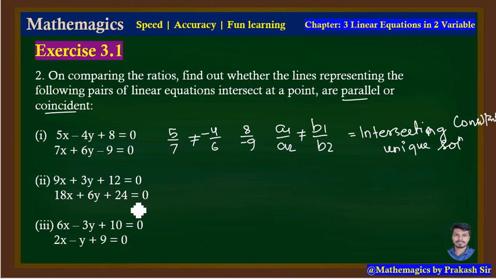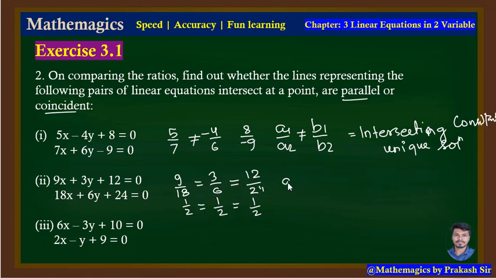Now the second one: 9 by 18, then 3 by 6, and the last one is 12 by 24. So 9 by 18 is 1 by 2, 3 by 6 again becomes 1 by 2, and 12 by 24 is again 1 by 2. So all the ratios are equal.